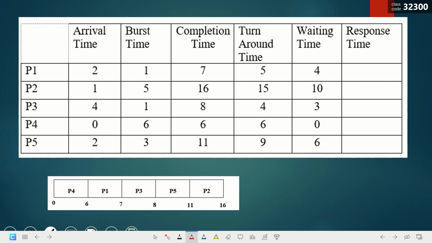So, according to our Gantt chart, the response time for P1 is, of course, 6 minus 2.